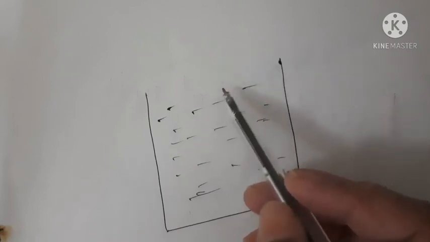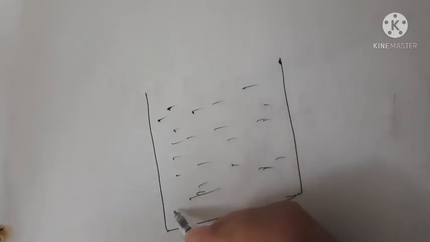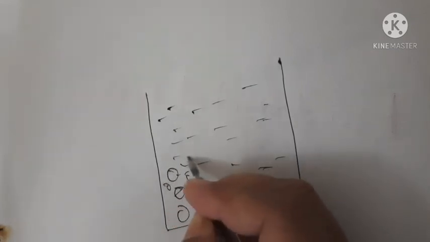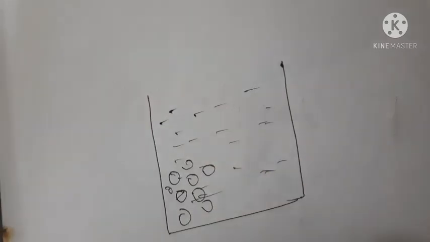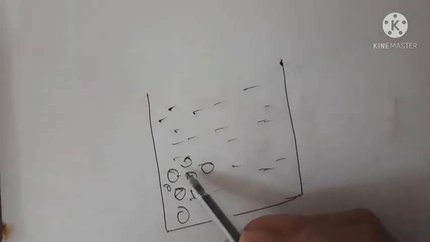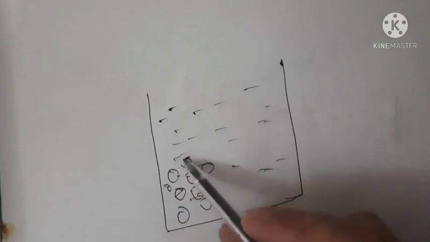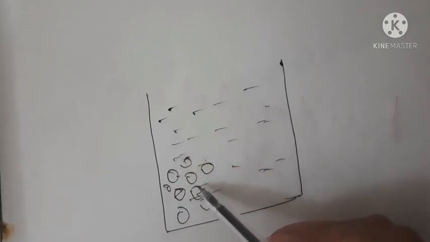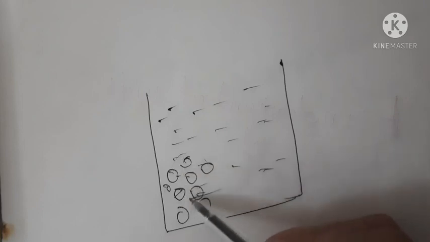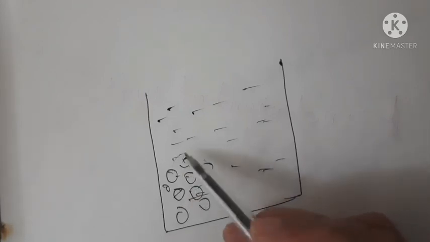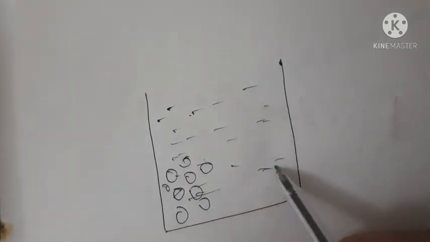Now when we put ink in water, suppose this is ink. Ink is a matter, liquid form of matter. It consists of particles. Now in this portion the particles of ink are more. So you can say here the amount of ink is more, or there is a higher concentration of ink here compared to other parts of water.